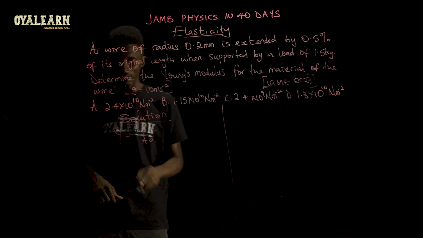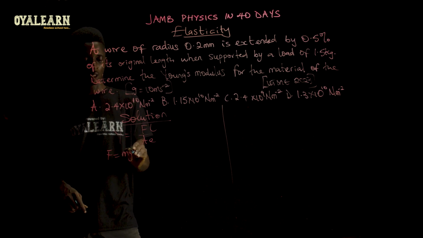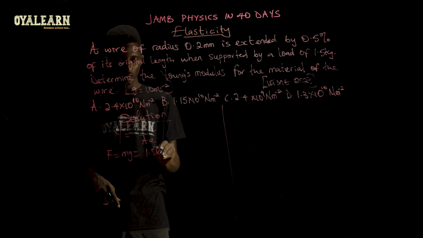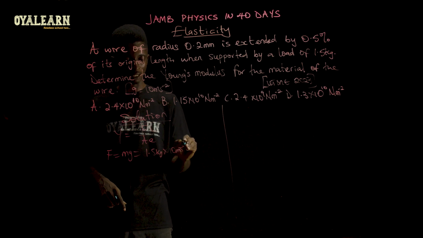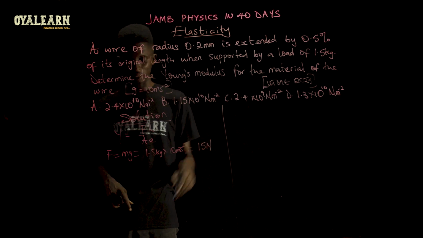So let's look at the parameters we have. F is going to be mg, the mass is 1.5 kg multiplied by 10, remember this is in meter per second squared, this would give us 15 newtons.